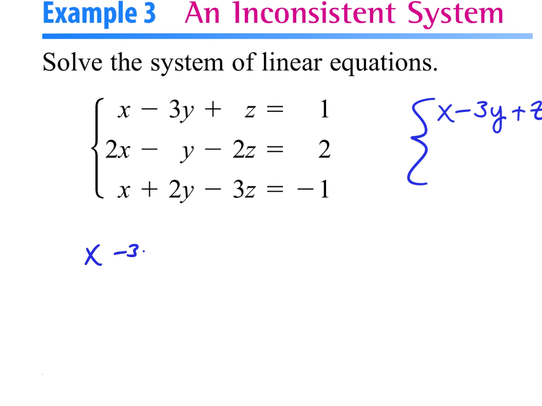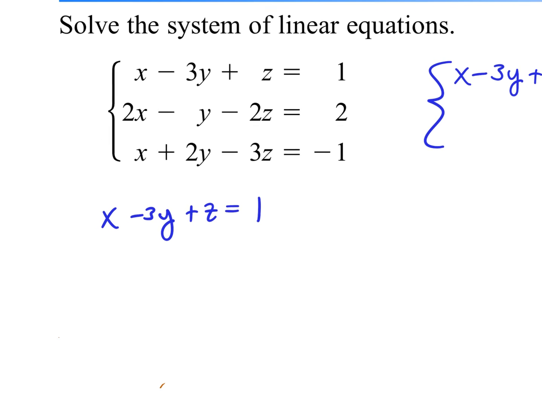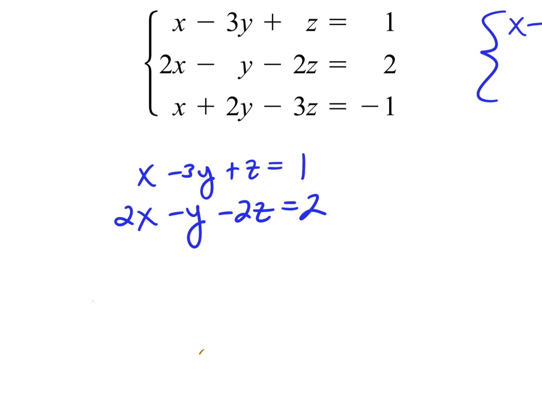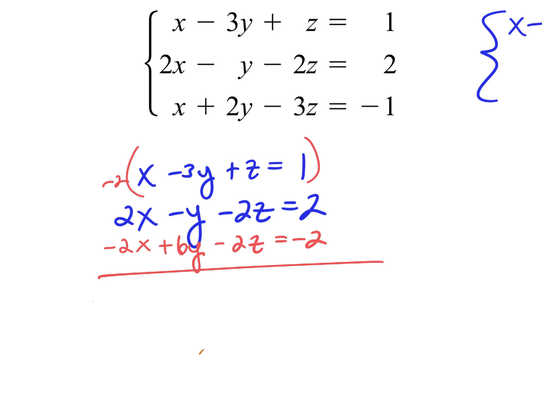So x minus 3y plus z equals 1. 2x minus y minus 2z equals 2. What am I going to multiply the top equation by to get the x's to cancel out? Negative 2. Good. Negative 2 all the way through. So negative 2x plus 6y minus 2z equals negative 2. Agreed? Okay.